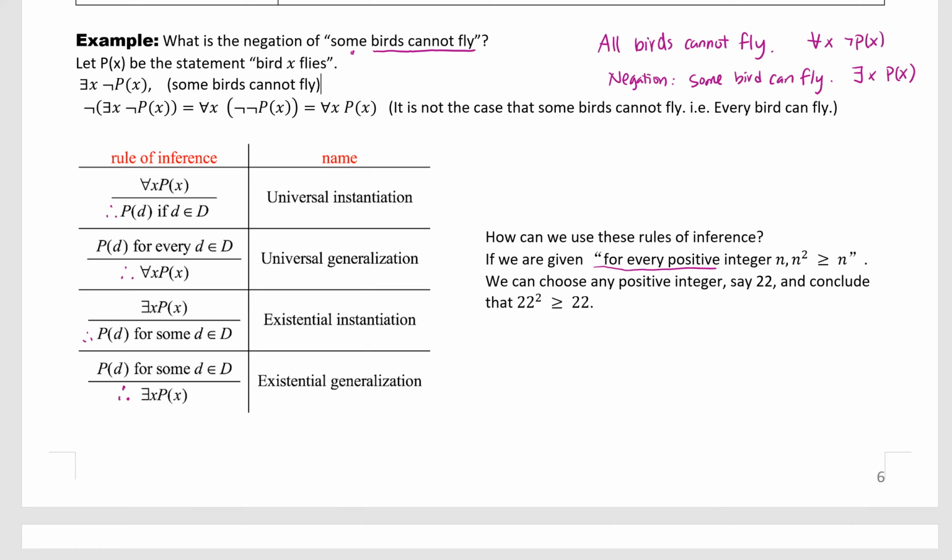We have for all, and we can just choose a positive integer. So this is universal instantiation.